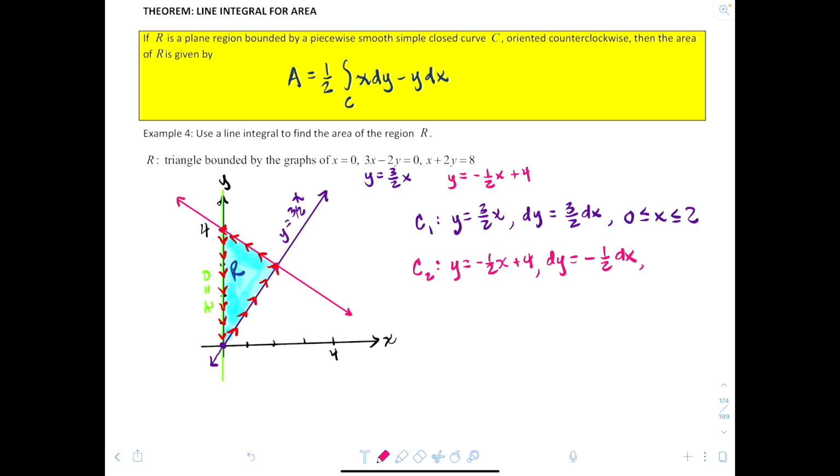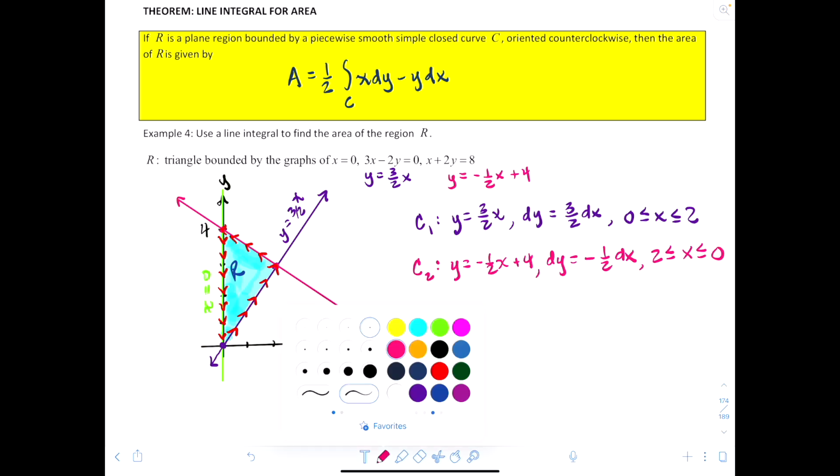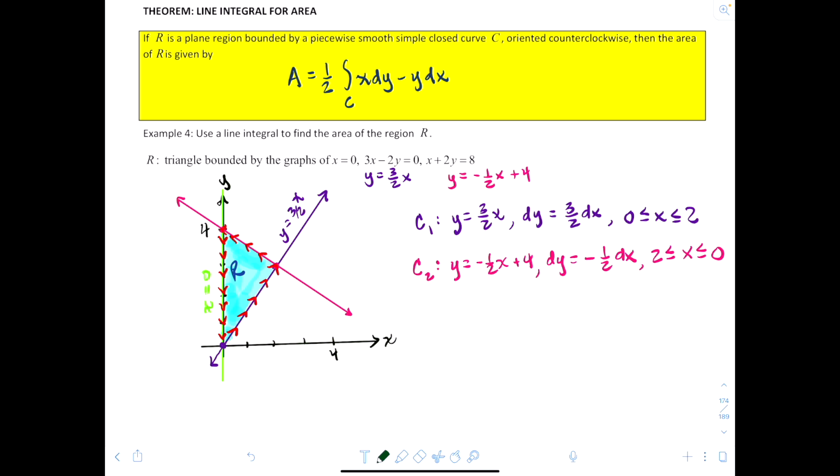So it looks a little weird, but that's okay: 2 is less than or equal to x, which is in turn less than or equal to 0. Our third curve, I'll do a darker green, is C3, which was x equals 0, right? So if x is equal to 0, dx is equal to 0. And so we don't have to worry about that one, right?